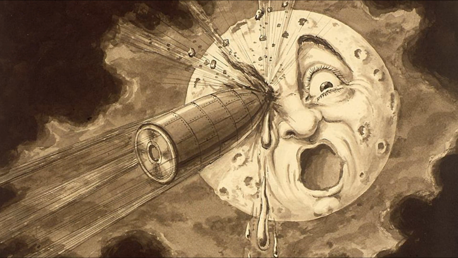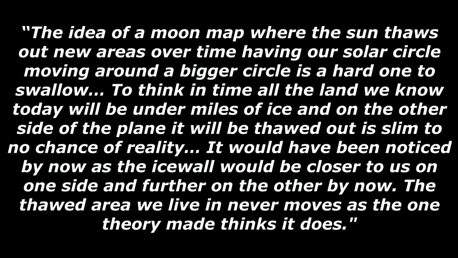Nobody could put it better than one of my subscribers, who left the following comment. The idea of a moon map where the sun thaws out new areas over time, having our solar circle moving around a bigger circle, is a hard one to swallow.